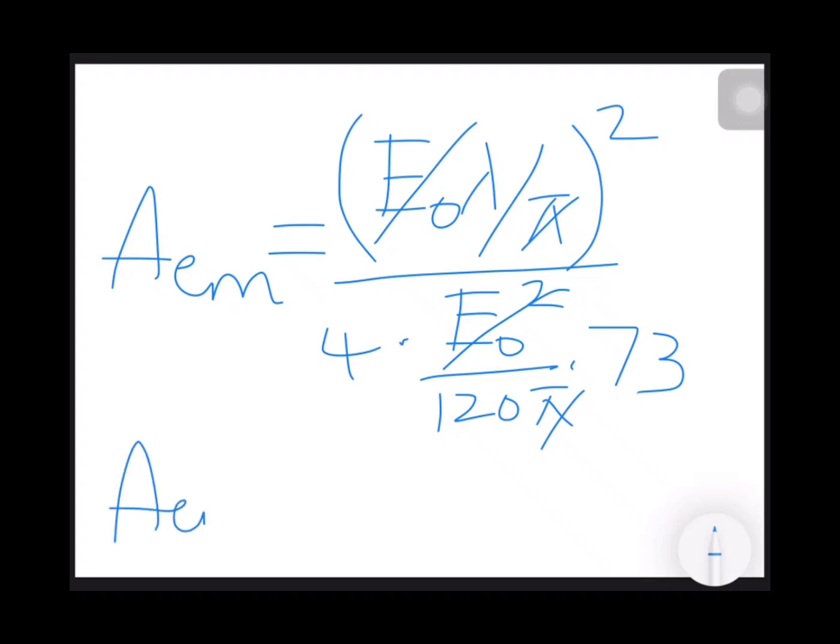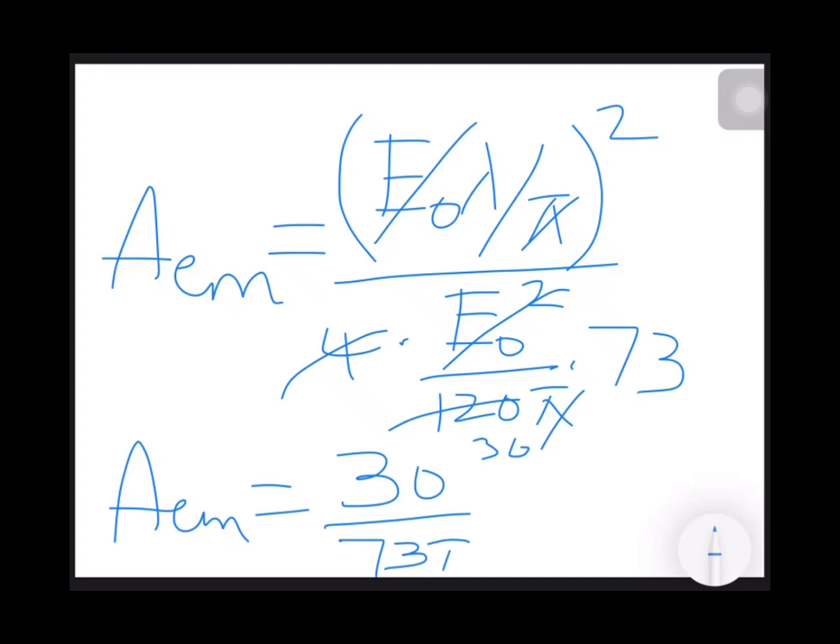So finally the equation will be AEM is equal to 30 divided by, 4 ones are 4, 30s are 120, so it is 30 divided by 73 pi into lambda square.